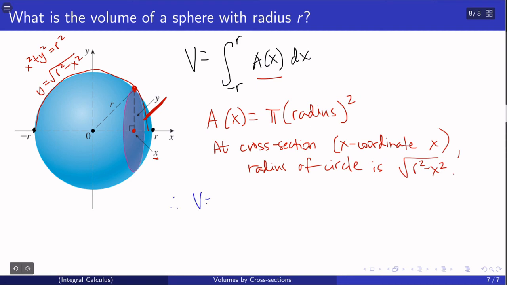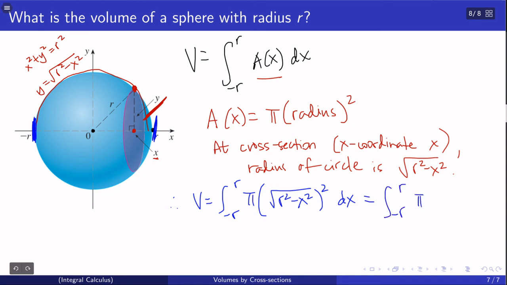Therefore, the volume of the sphere: I just need to integrate from the leftmost x-coordinate to the rightmost x-coordinate, so minus r to r, of all these circular areas. So it's pi times the square root of r squared minus x squared, squared, and then dx. Now it's just simplify. This is just pi times (r squared minus x squared) dx.